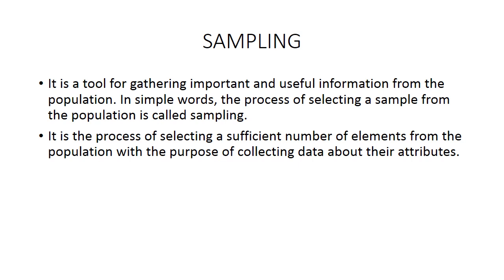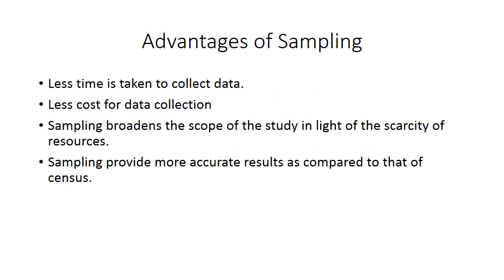Therefore, we can say that census is not a practical method of gathering information in many situations because of the time, cost, and other constraints involved. In simple words, sampling is the only practical solution in certain situations. As I discussed, sampling has various advantages.